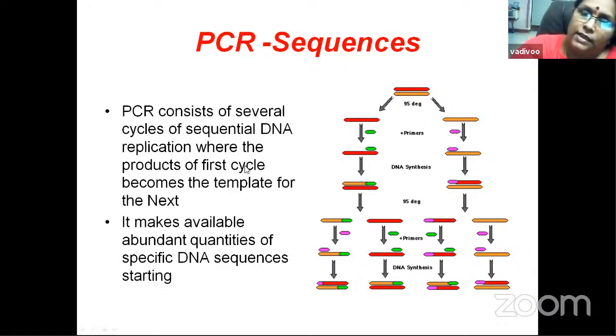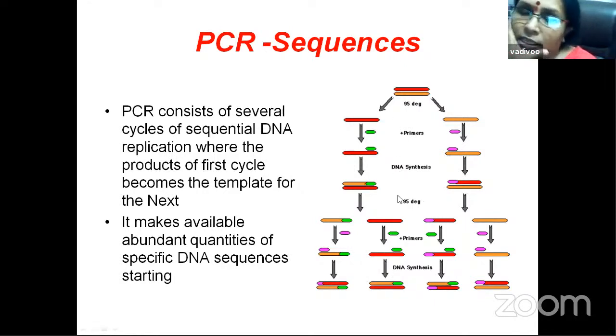PCR consists of several cycles of sequential DNA replication. The first cycle becomes the template for the next cycle. As you can see, it makes available abundant quantities of DNA or RNA, and finally it can be detected. First there is denaturation, then annealing, and then amplification.